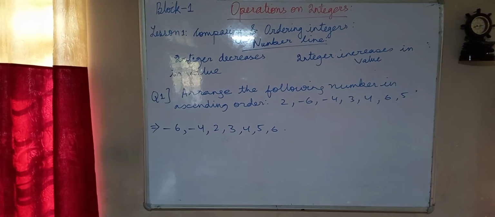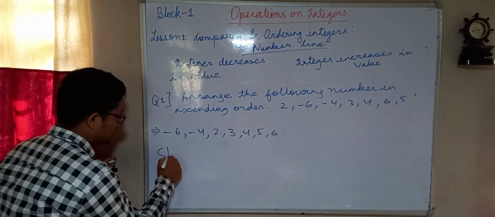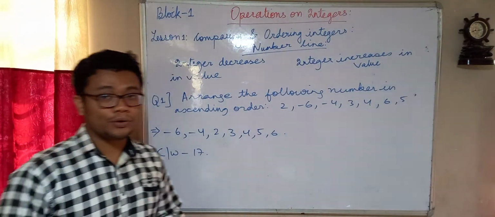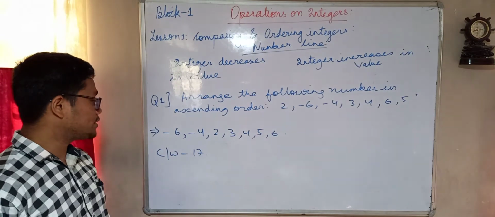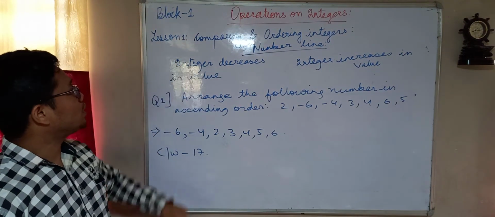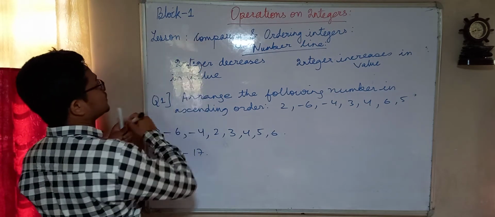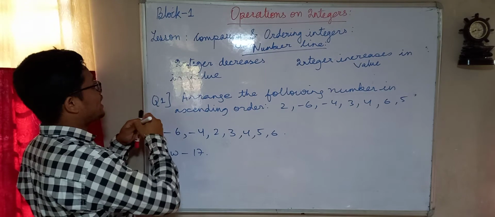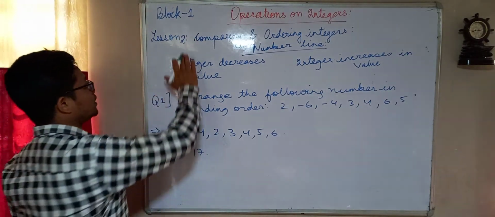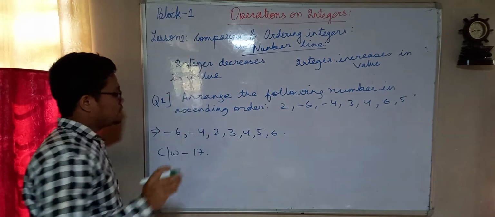You have to do question number 17 as your classwork. Previously you already had some classworks. Now this is the classwork from lesson number 2. Actually, I have misplaced and written the lesson number, sorry, this is lesson number 1 only.